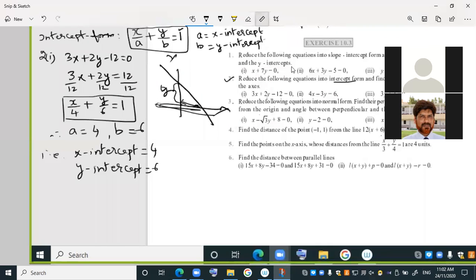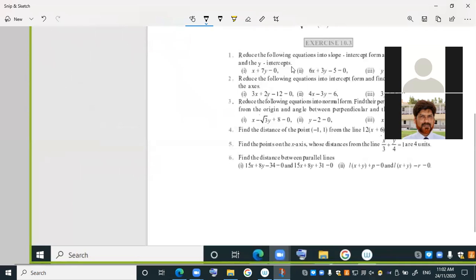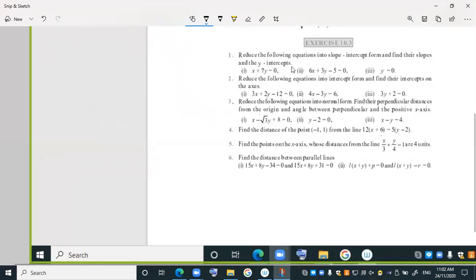Okay, got it? So similarly we can do it for this and for this one.